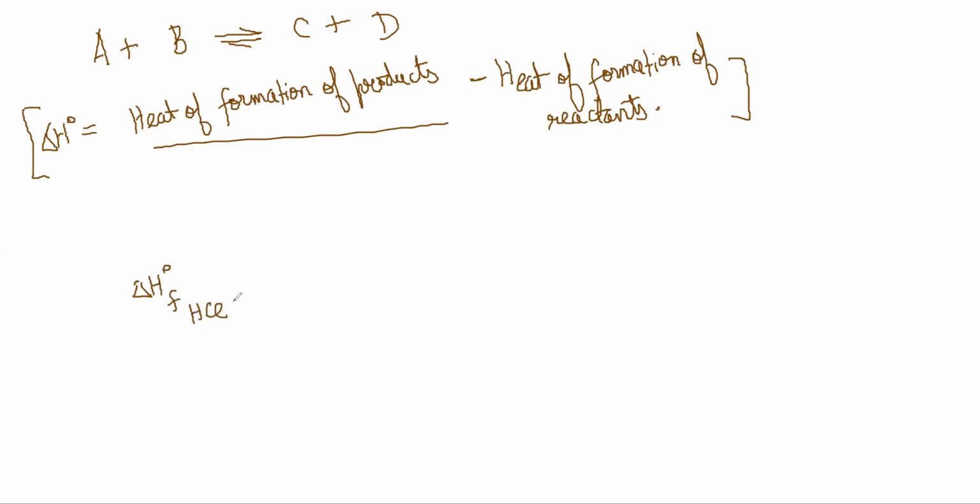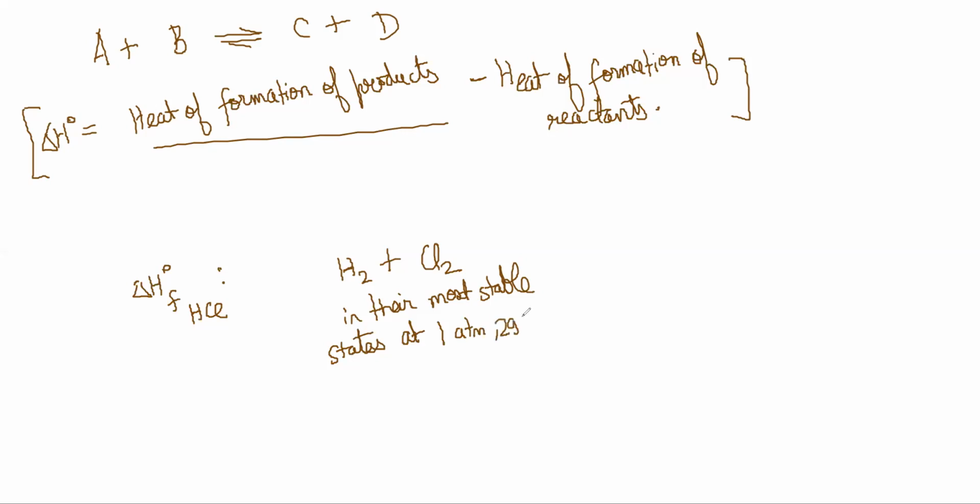The overall energy that's released or absorbed when the compound is formed, from hydrogen and chlorine, from its elements. So from the constituent elements in their most stable states, at what temperature and pressure? At 1 atm pressure and 298 Kelvin.